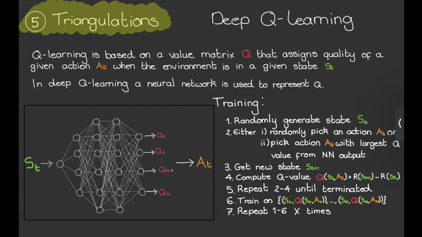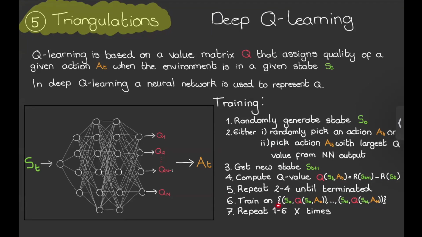So yeah, once you have an action, you get a new state, and then your Q value is computed as basically the difference of the rewards. And then this process is repeated until you reach a terminal state. So for us, we start with some random triangulation, and a terminal state is once we get to a triangulation that is a fine regular star.